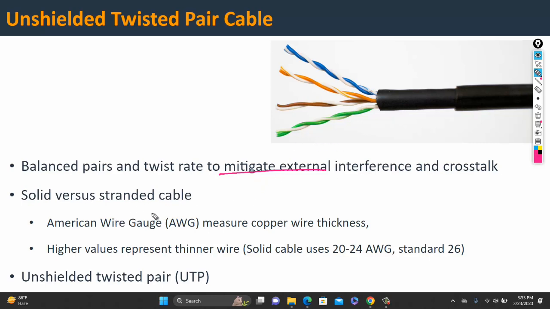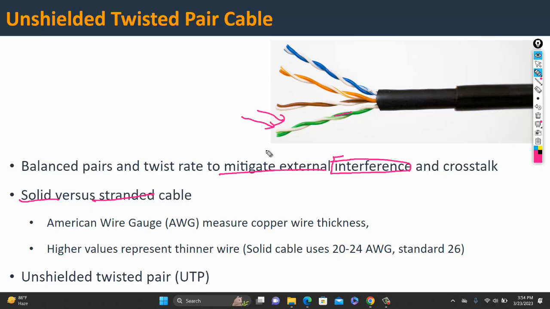There are two types of cables: one is a solid cable, another is a stranded cable. Interference means if the data is traveling in a wire in electric format, it will generate an electromagnetic field, which is affected by different factors.